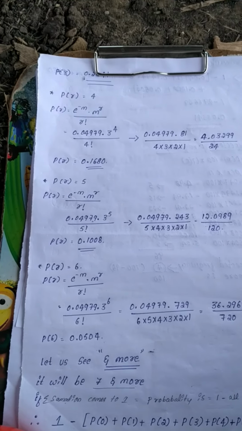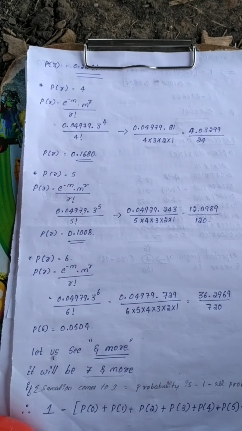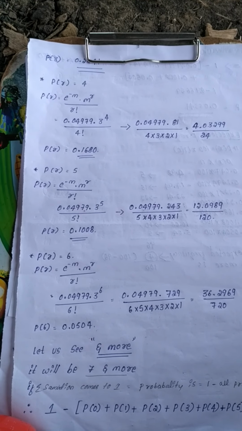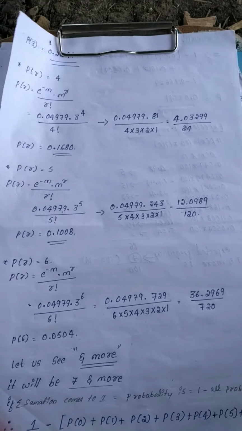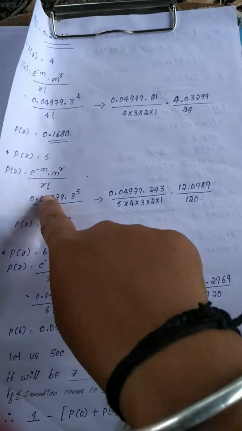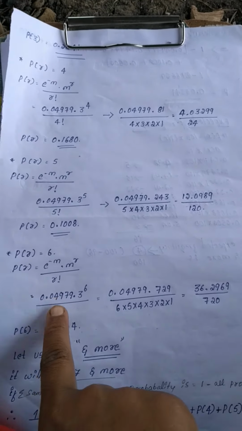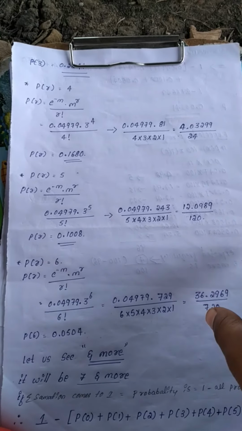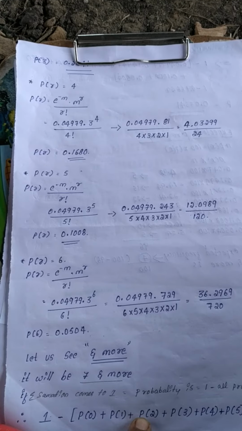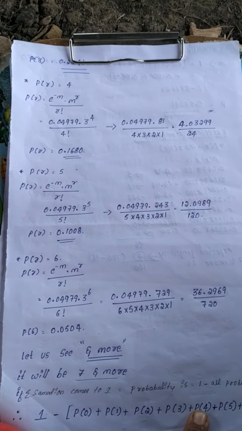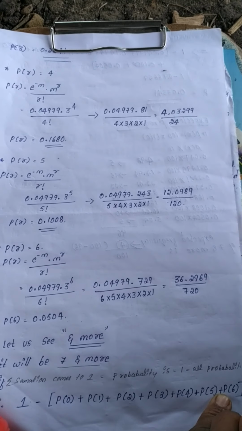So since the summation comes to 1, we can calculate it by subtracting all the Poisson probabilities from 1, like 1 minus p of 0 plus p of 1 plus p of 2 plus p of 3 plus p of 4, then plus p of 5 plus p of 6.